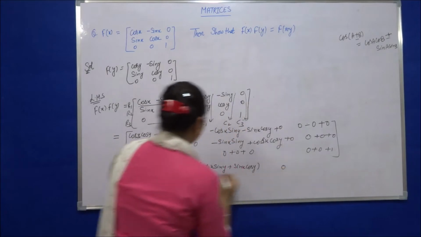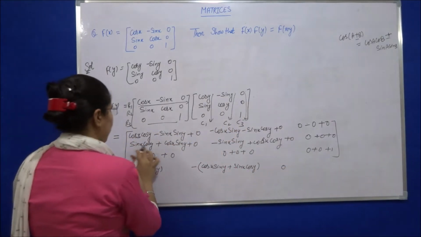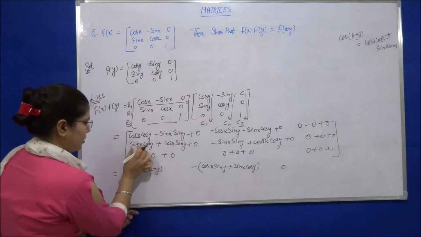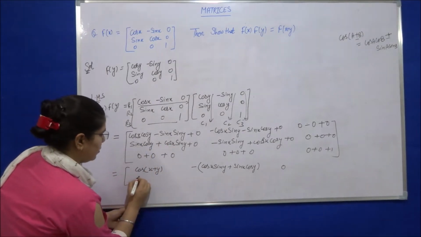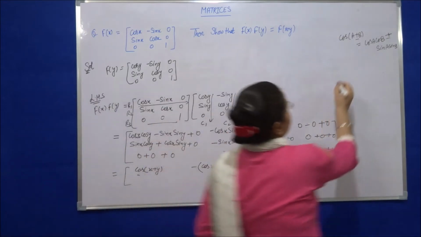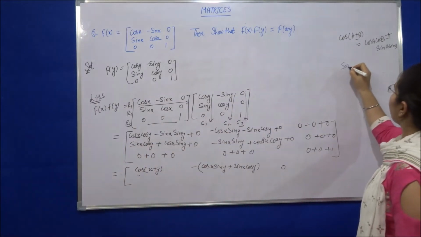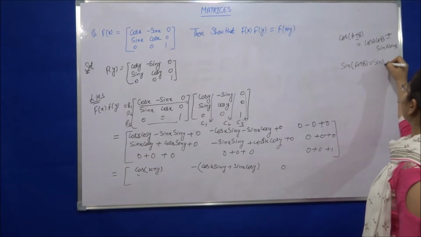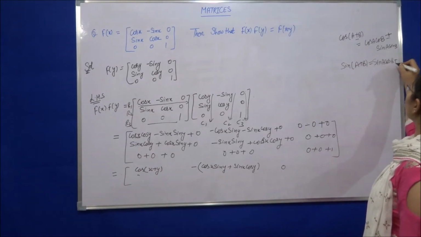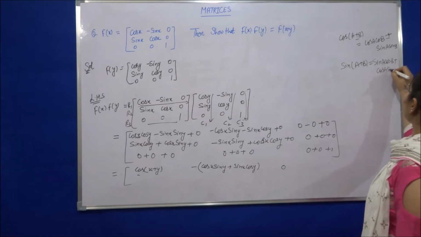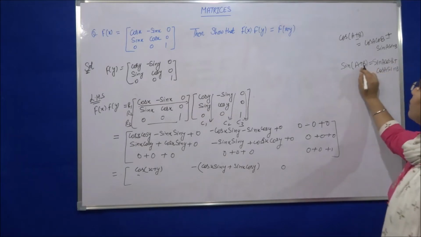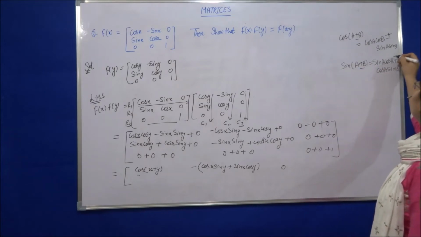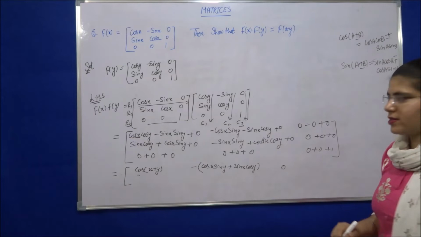Now 0. Now sin x cos y plus cos x sin y. Remember one more formula, sin of A plus B. It will be sin A cos B plus cos A sin B. If instead of plus there is a negative sign, then here there will also be a negative sign.